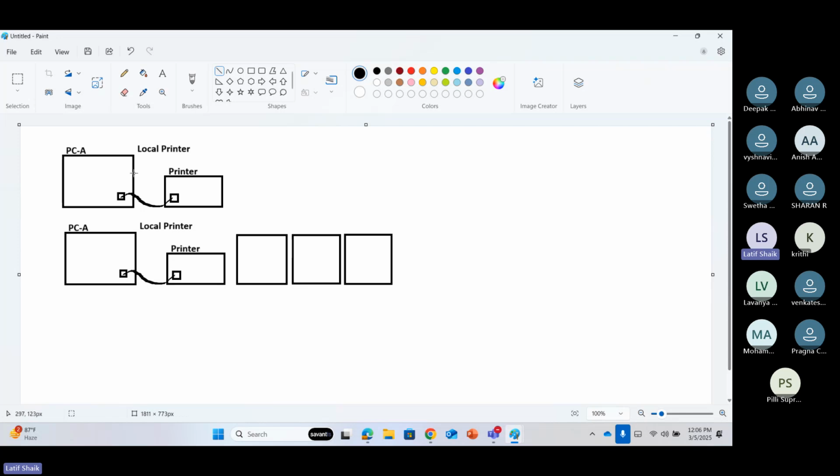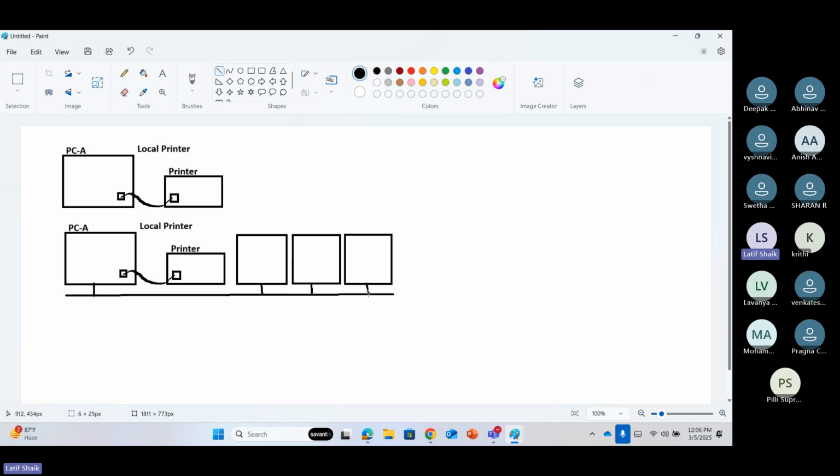That is at home, but in organizations, offices, internet centers, the devices are connected in the network. So PCA is connected in the network, PCB, PCC, and PCD are also connected.